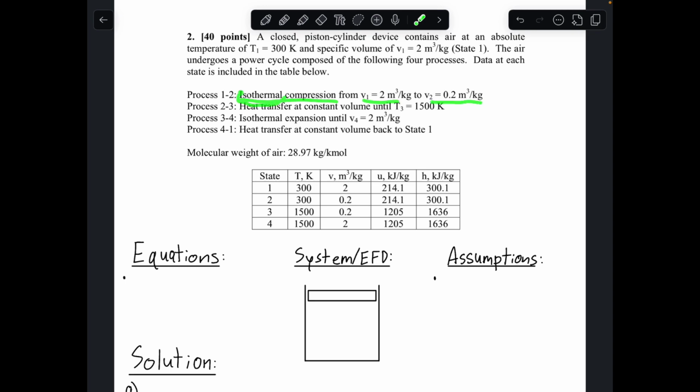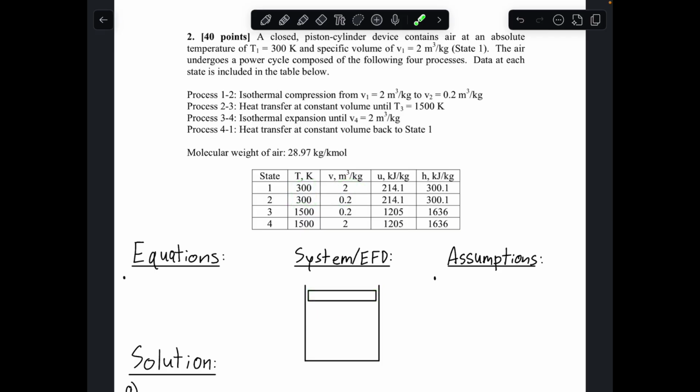Isothermal means our temperature isn't changing, and we can see that in our table here. Our temperature is the same from state 1 to state 2. But since we have compression, the piston is moving down to a new location, which is why our specific volume is decreasing from state 1 to state 2. So the piston moves down, but the temperature does not change from 1 to 2.